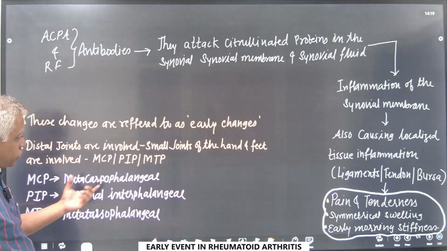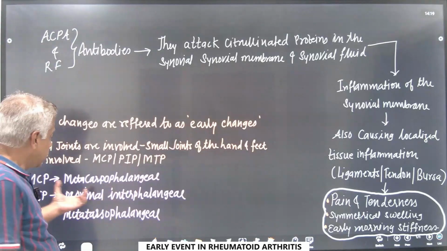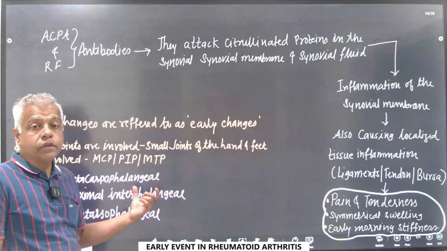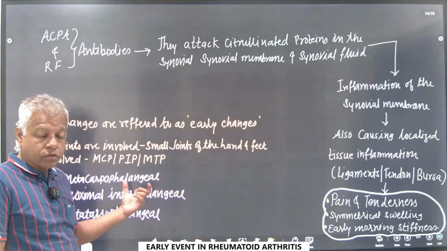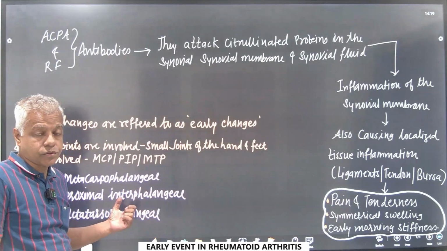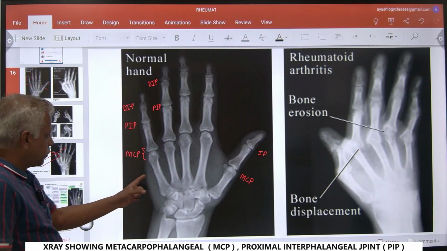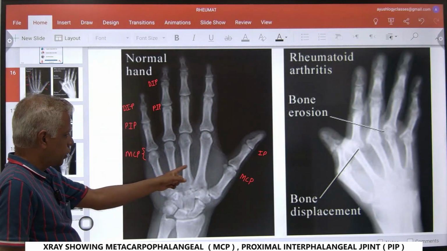Before we proceed, we will see one X-ray here, so that our concept of the metacarpophalangeal and proximal interphalangeal joints will be clear. So let us see one X-ray first. Here we have the metacarpals 1, 2, 3, 4, 5.